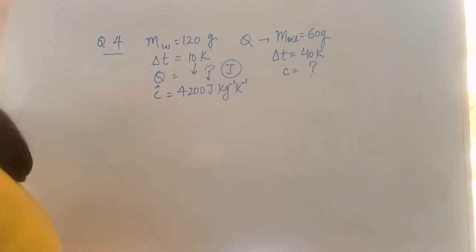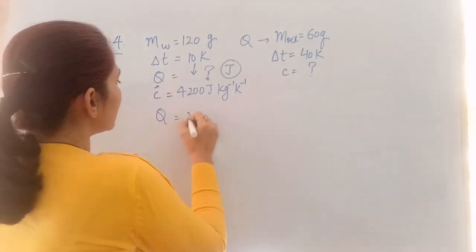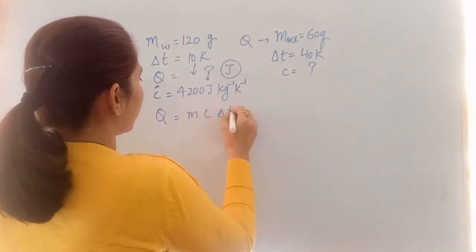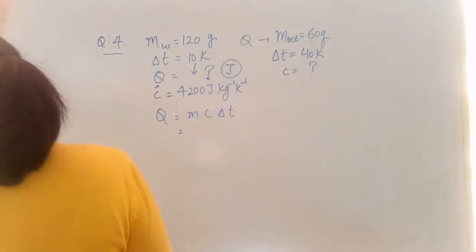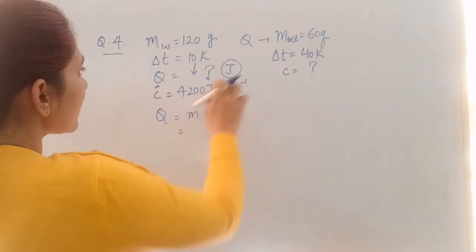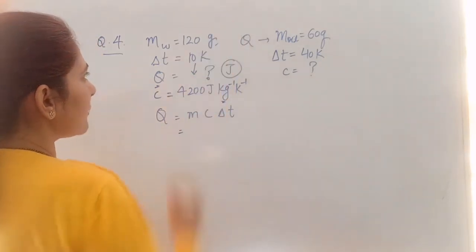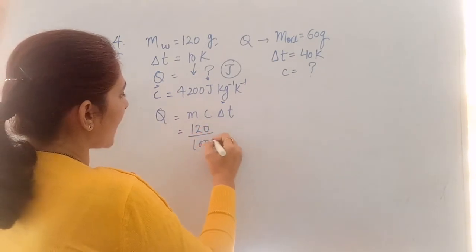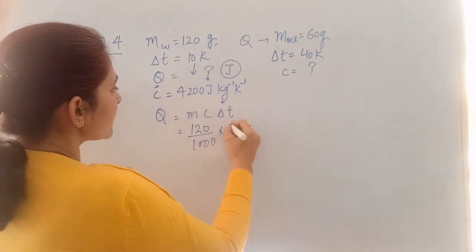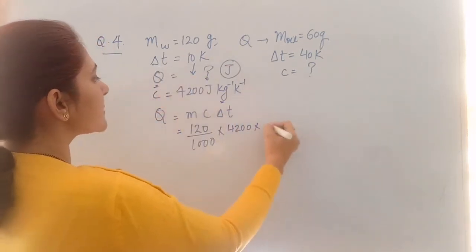When we are talking about heat energy required, we are aware of the formula: heat energy required is equal to mc delta T. Mass given is 120 grams, and because they are asking you to calculate in joules, let us convert it into kgs. This is 120 divided by 1000, into the value of C, 4200, and delta T, 10 Kelvin.